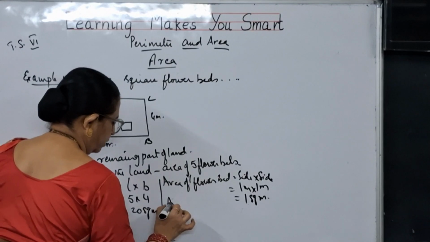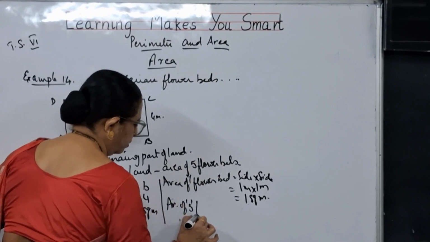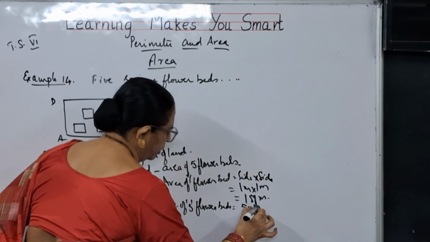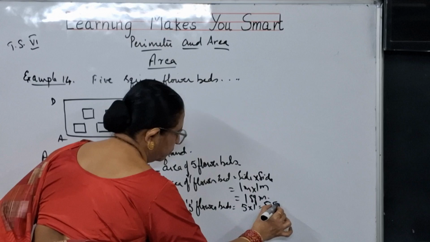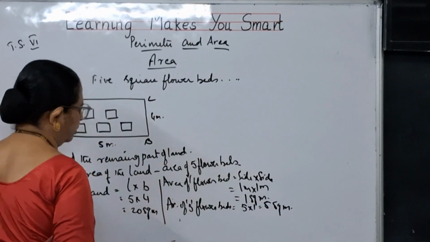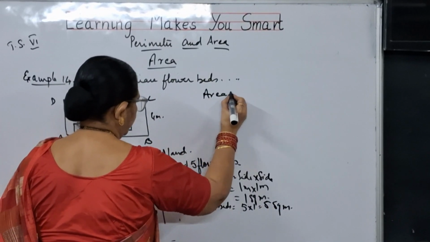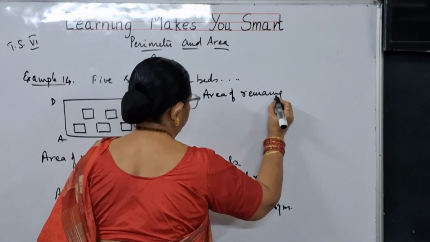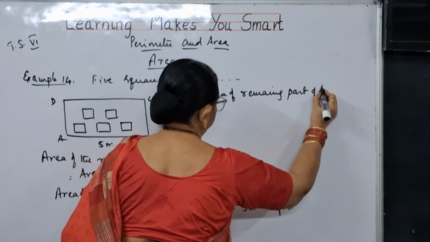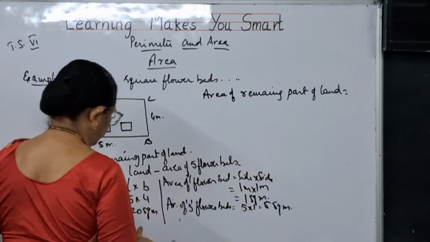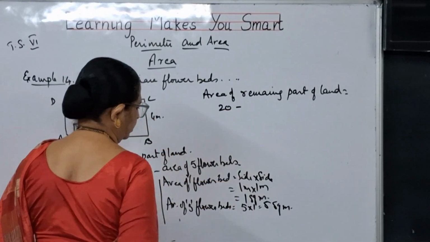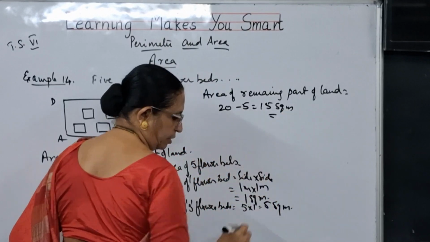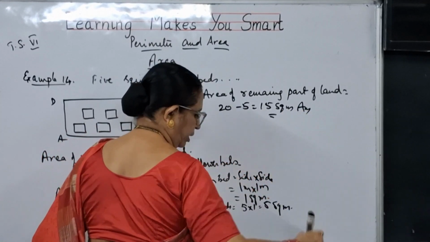So the area of 5 flower beds is nothing but 5 into 1, that is 5 square meters is the area covered. So the area of the remaining part of land is equal to 20 square meters minus 5, that is 15 square meters is the area that is left, children.